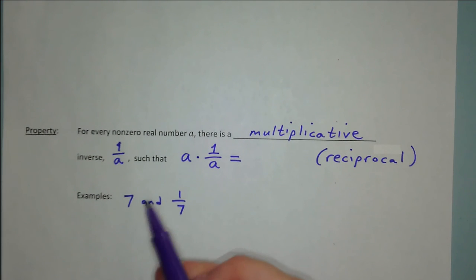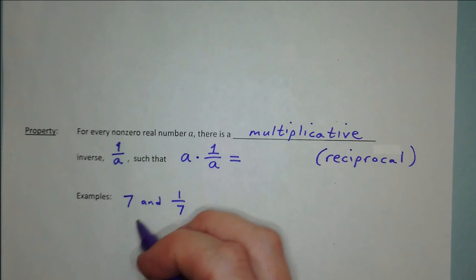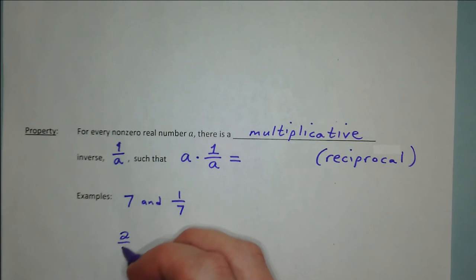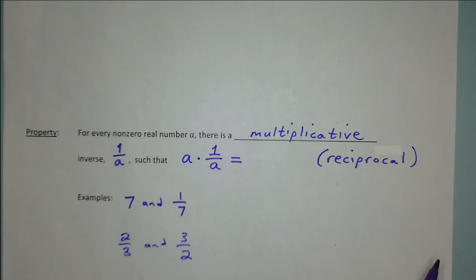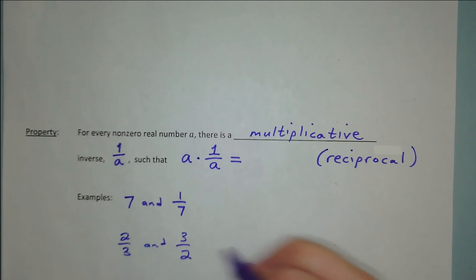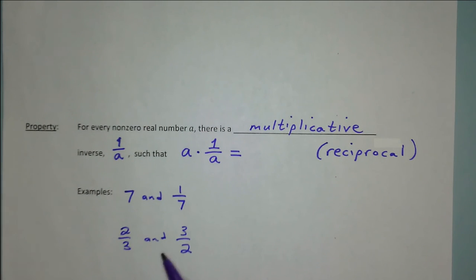Another example would be 2/3 and 3/2. Those two numbers are reciprocals of each other, or reflipricals. Get it? Flip it. The flip of 2/3 is 3/2. Anyway, so these are reciprocals, okay?